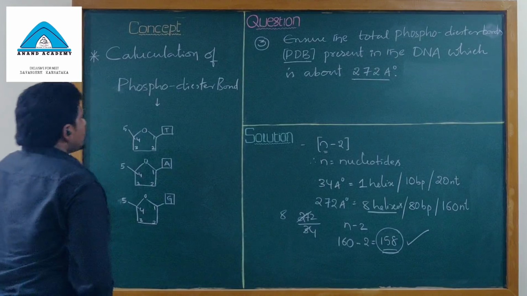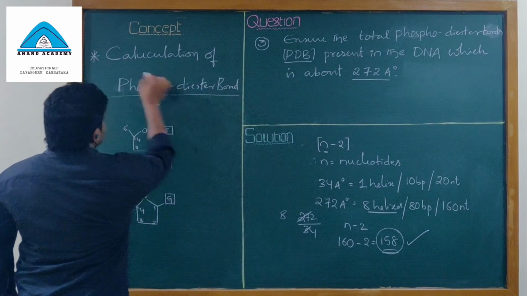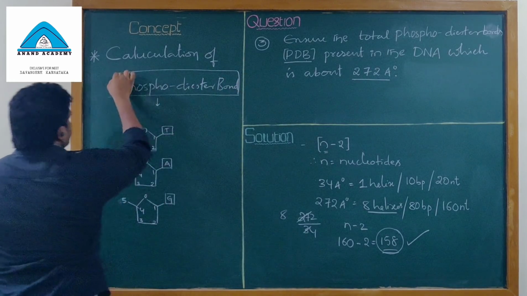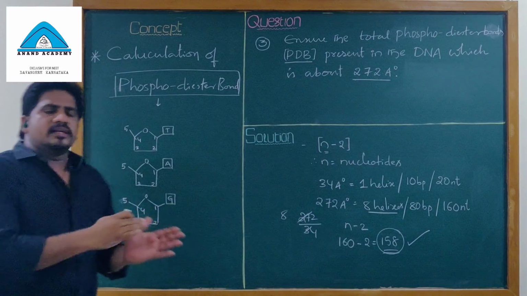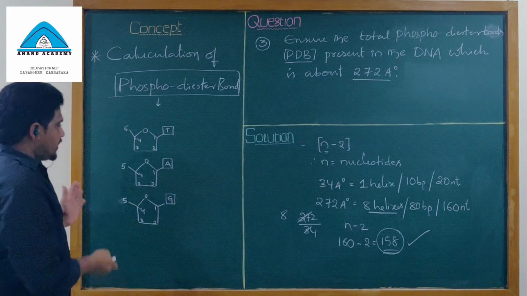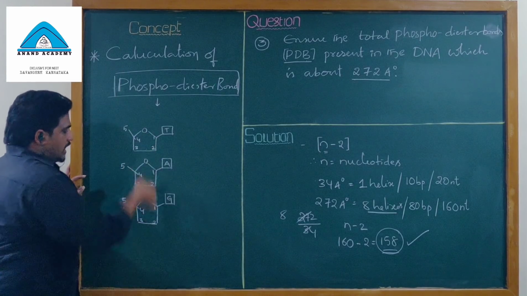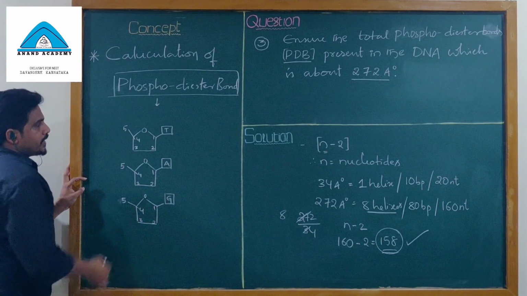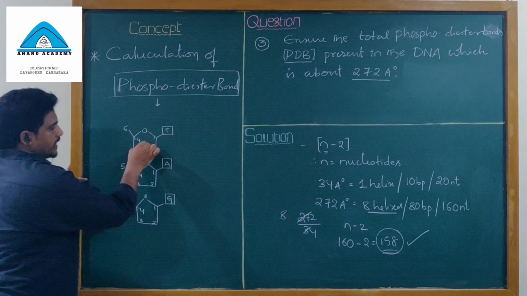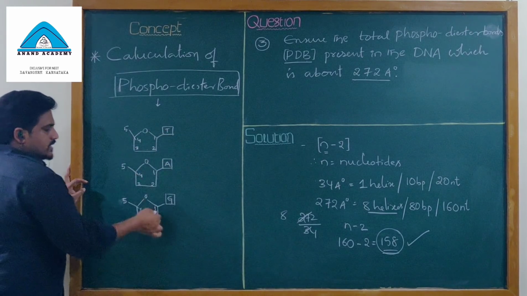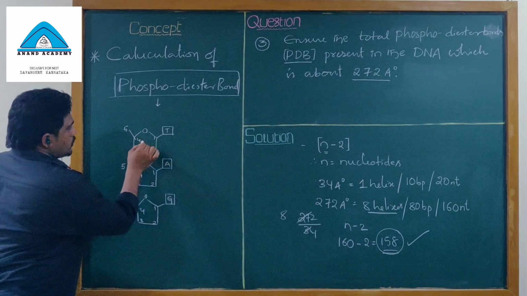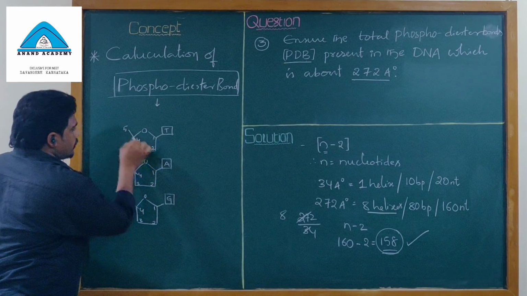Now let us see what exactly the phosphodiester bonds are. Are phosphodiester bonds formed outside of the DNA or in the center of the DNA? Outside of the DNA. If you see, this is one polynucleotide chain. We have taken 3 bases on one side. This is thymidylic acid, this is adenylic acid, and this is guanylic acid. In thymidylic acid there are 1, 2, 3, 4 and 5th carbon.